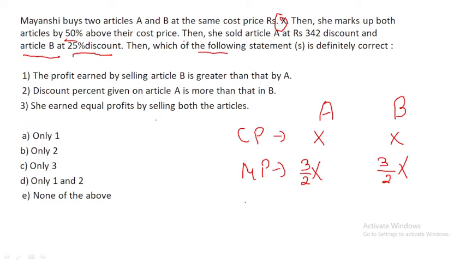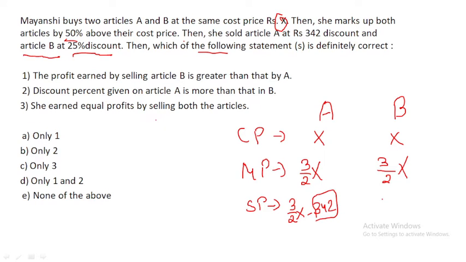Now the next line is, then she sold article A at rupees 342 discount. Now how much discount is allowed on article A? 3 by 2x minus rupees 342. So it is given in form of rupees. Okay. Now if we talk about article B, the discount is 25%, which is given to us.